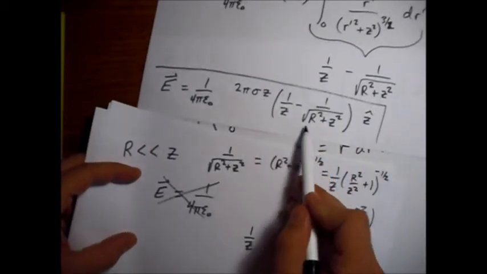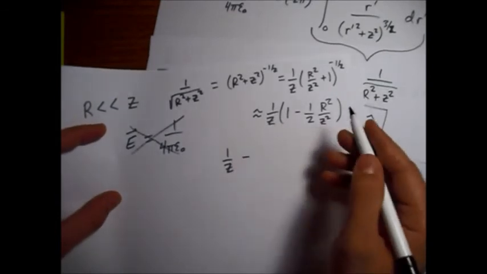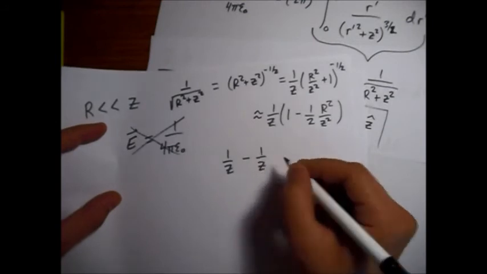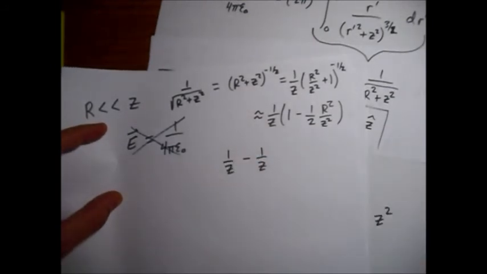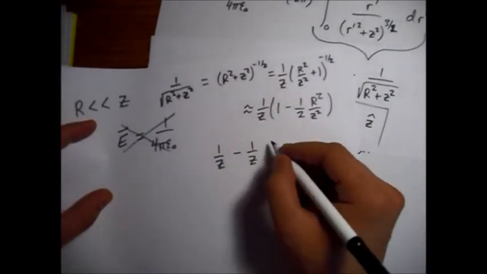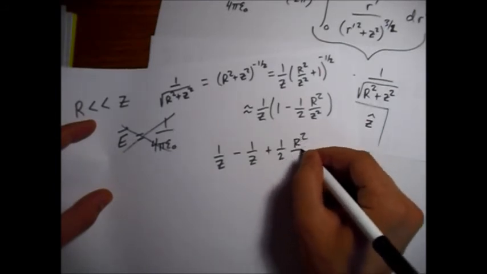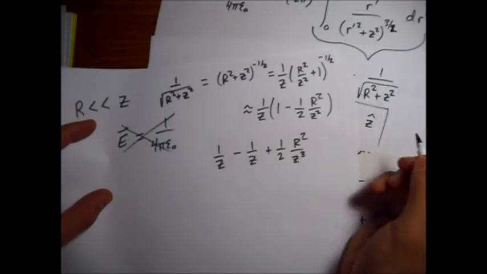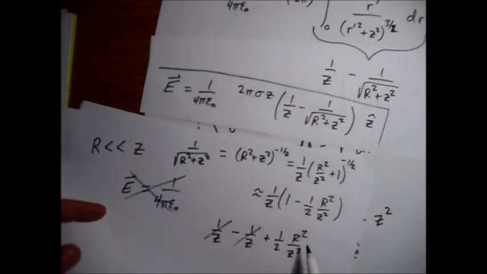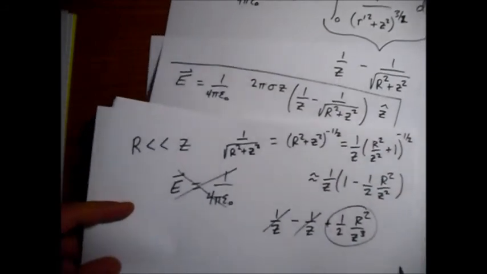Right now I'm just looking at this term inside the parentheses right here. 1 over z, and then minus this stuff in here, which is a 1 over z. So the first term in our expansion goes away, which is why we get 0 off the bat. And then a plus 1/2 r squared over z cubed. So these terms are canceling out, and I'm just going to plug this thing right here back into where inside these parentheses.